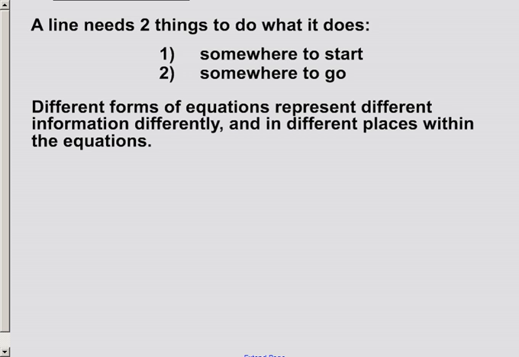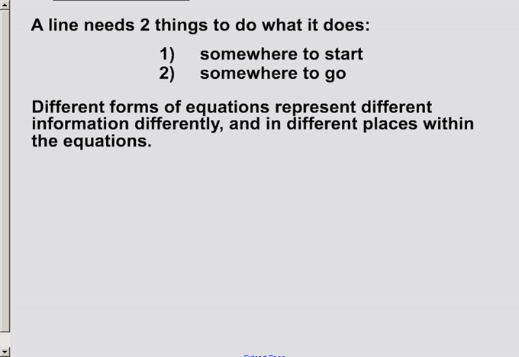Now, different forms of equations have reared their heads over the years, and those different forms represent different information differently and in different places within the equations. It kind of begs the question why we even have so many forms if basically the information is transferred to different spots.